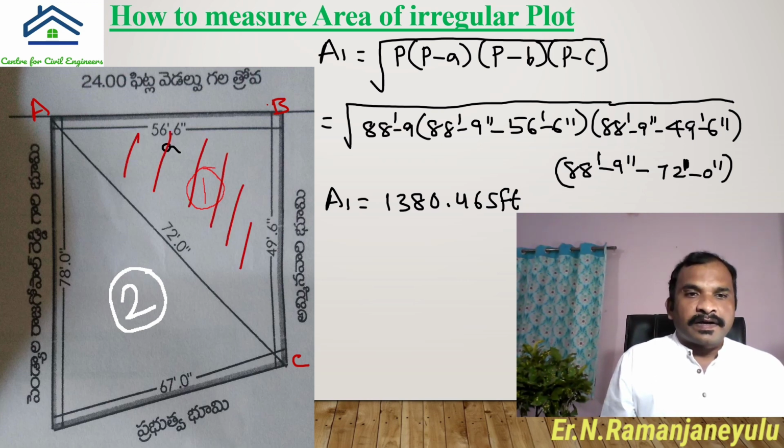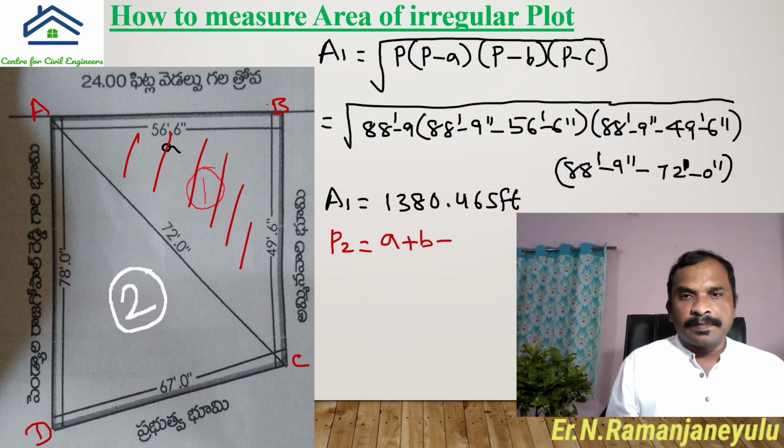In the same way, for the next triangle 2, we have to calculate the area. Before that, first we have to calculate perimeter 2. P2 is equal to (a plus b plus c) by 2.